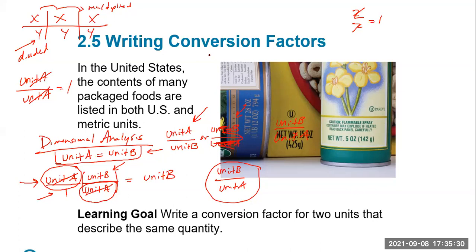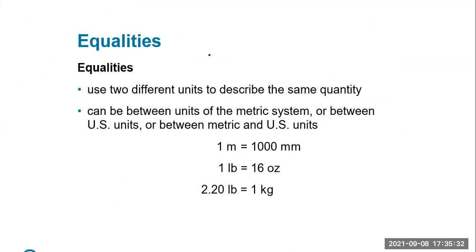Okay, then let us continue talking about conversion factors and equalities. As I mentioned before, equalities are two sets of values on different unit scales that represent the same quantity. Like, if you had 100 pennies, that's the same amount of money as $1.